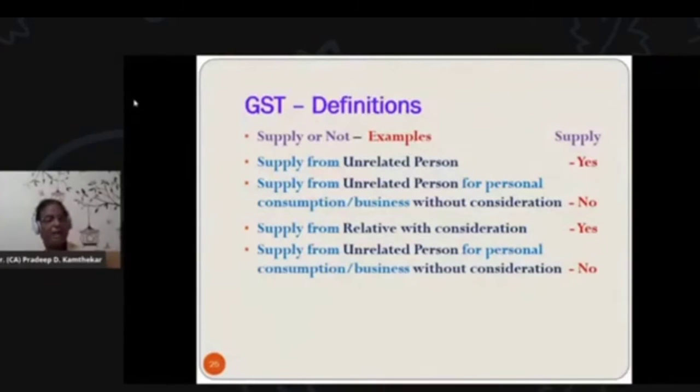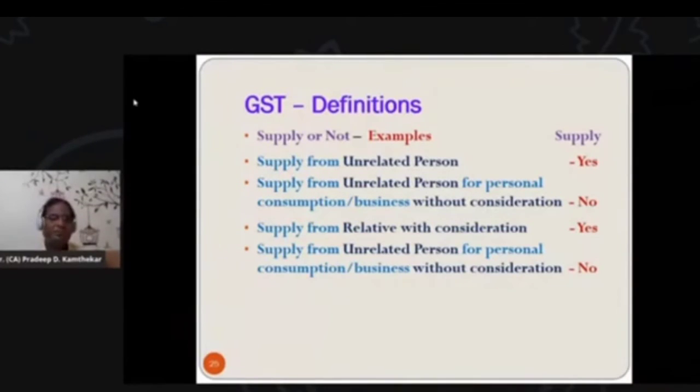Now, if I prove on paper that I have given this to my friend and there is documentary evidence, for example, a reasonable amount worth of goods and services, a question of say a few thousands or a few hundreds of rupees, and we have a proper document saying that there is no consideration coming from that third party, who is unrelated to me, then it will not be treated as supply of goods and services. But it has to have documentary evidence, and without that the government is not going to listen.